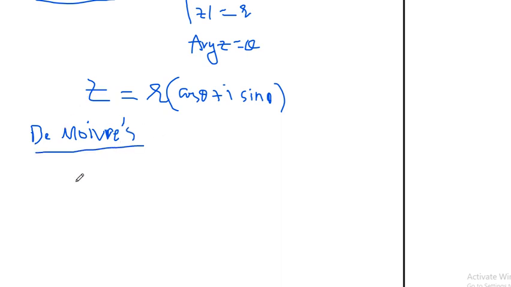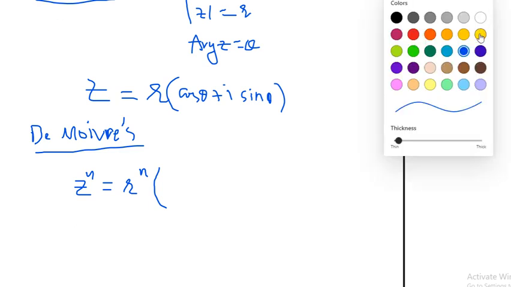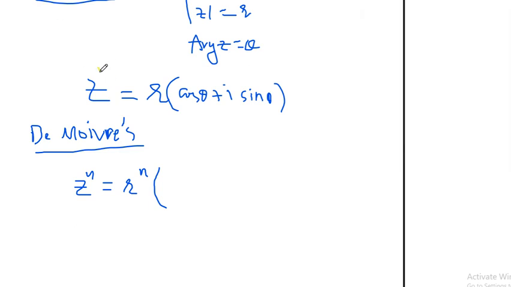If you take any power n of z here, then r will get the power n, but inside, this power n changes to something which I'm going to write now.